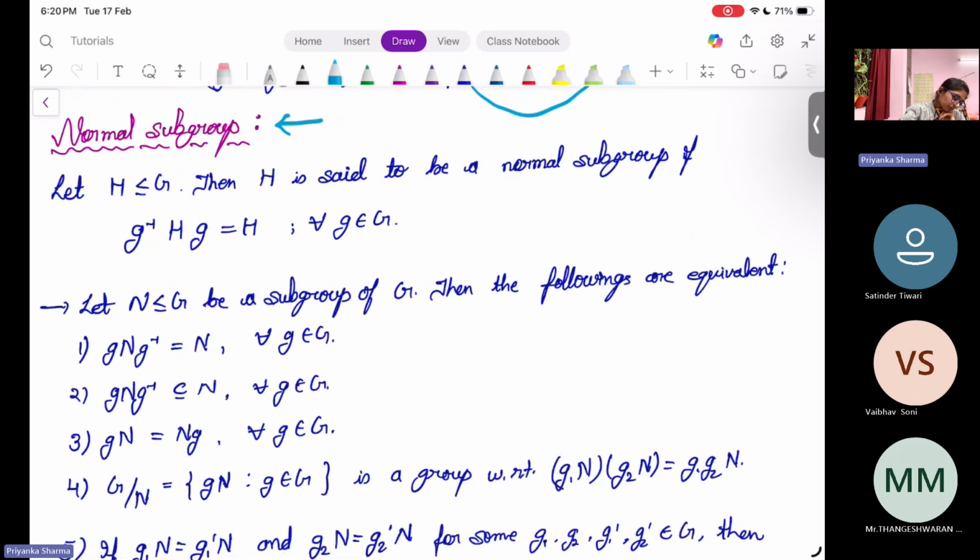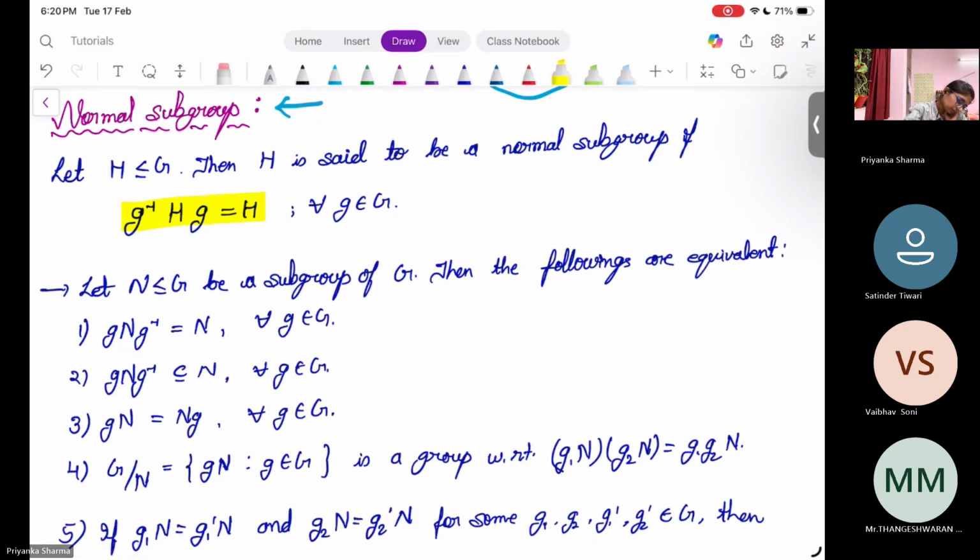Suppose we have a group G and H, a subgroup of G. H will be a normal subgroup of G if g inverse Hg is H, or we can say that g inverse hg belongs to H for all h belonging to H and for all g belonging to G.